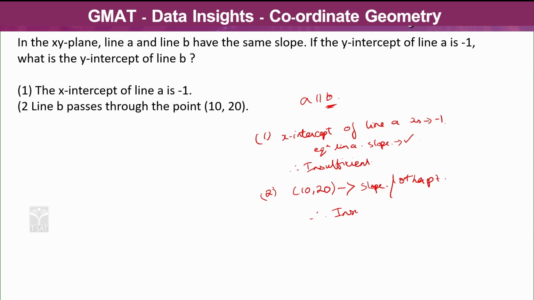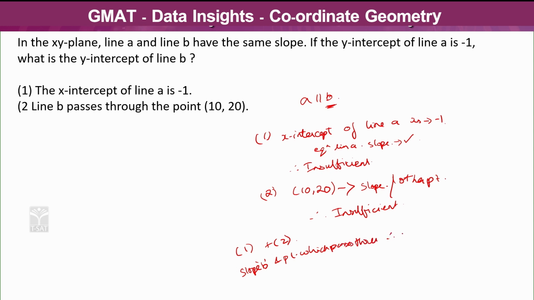Therefore, this is insufficient. Now, let us look at when we combine both these statements, statement 1 and statement 2. We know the slope of line B from statement 1, and we know one point which it passes through in statement 2.